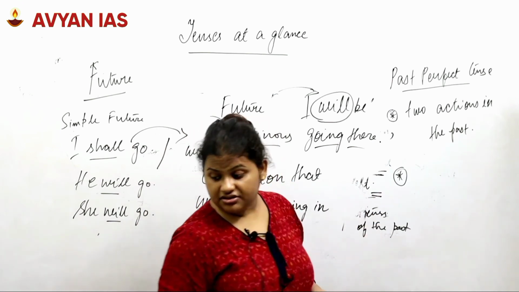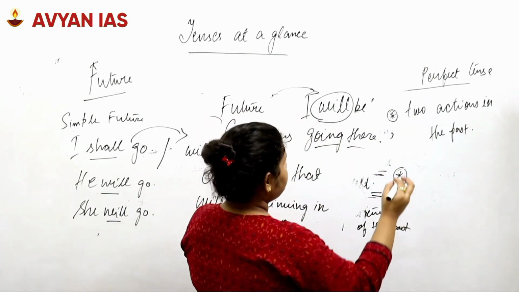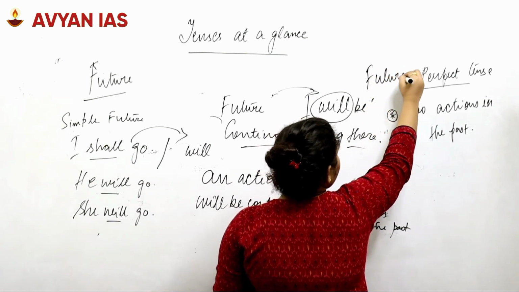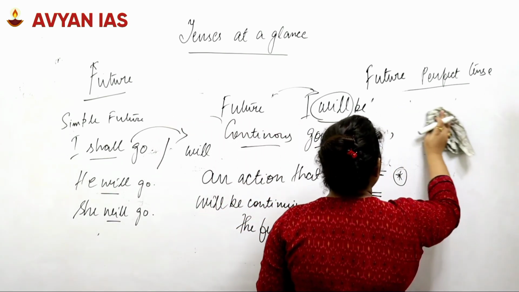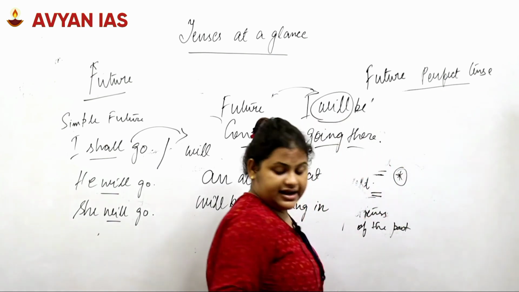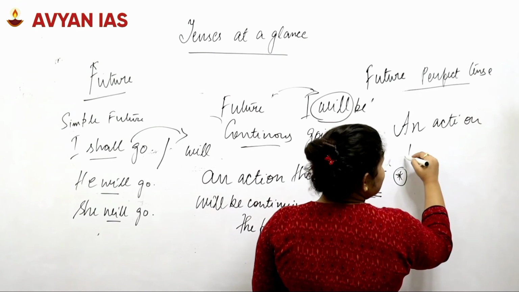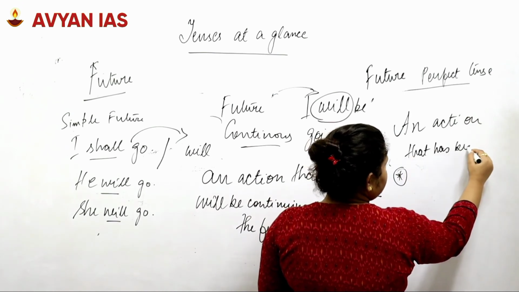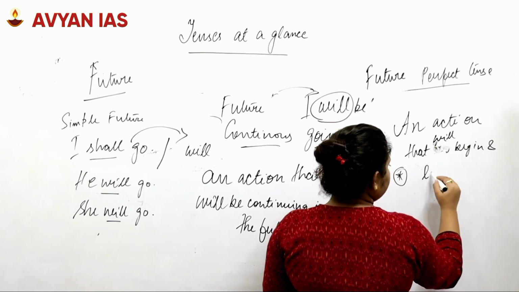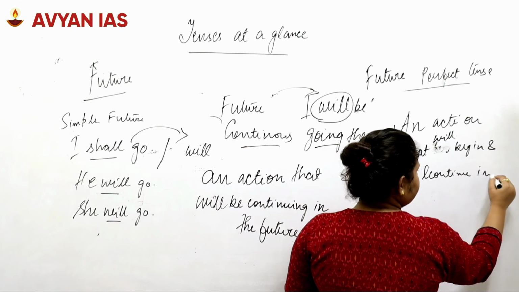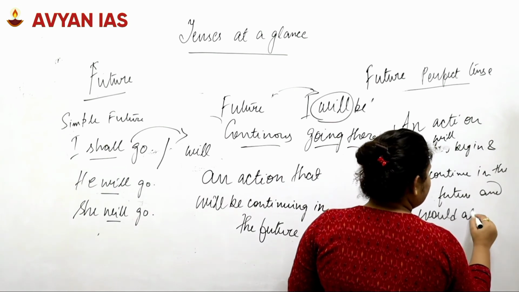The next that would come is the future perfect tense. Okay, so the future perfect tense would talk about an action that will begin and continue in the future and would also end in the future.